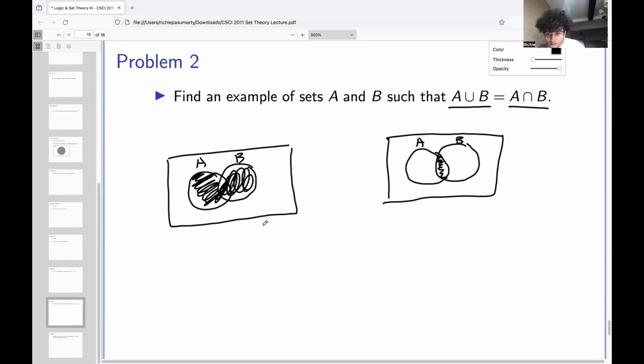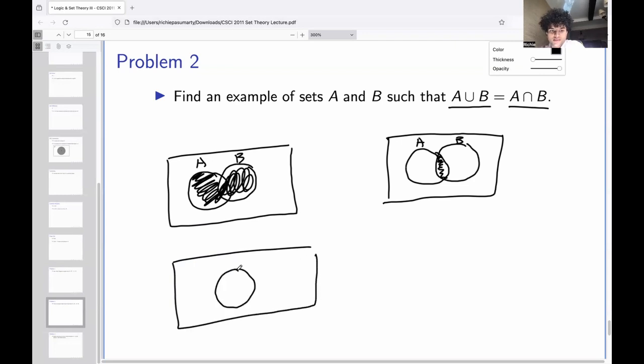So the union is going to equal the intersection if the sets completely overlap with each other. So for example, if set A looks like this and set B also looks like this, then both their union and intersection is going to be like this.